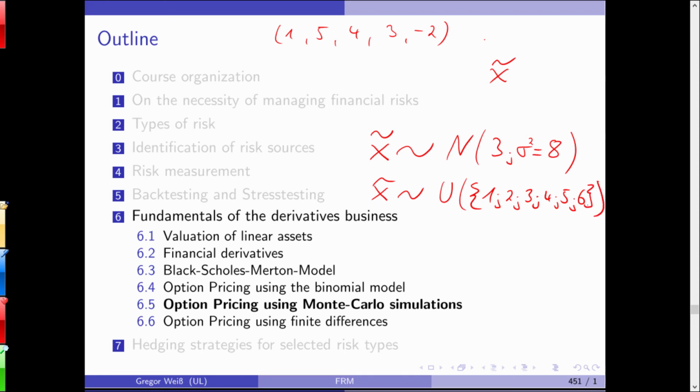It's what we call a uniform distribution on the discrete set 1, 2, 3, 4, 5, 6. It's a discrete uniform distribution. Uniform being in German, Gleichverteilung. Be careful with the words Gleichverteilung and identische Verteilung. Identical distribution is not a uniform distribution. In English, it's a little bit simpler to differentiate between the two.